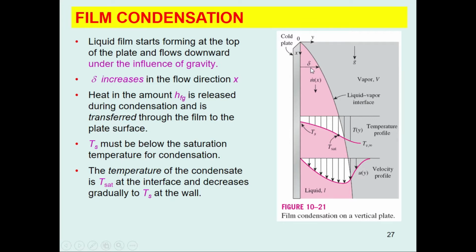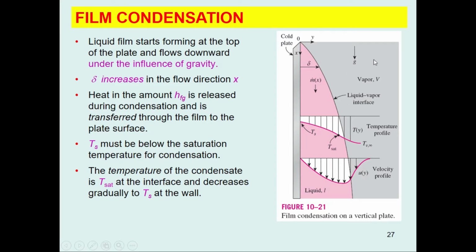Here the thickness is small and there is a continuous process of condensation of vapors into liquid. So here the thickness is very high. At the start of the origin, the thickness is small, and very far from the origin, the thickness of the condensate film is very high.